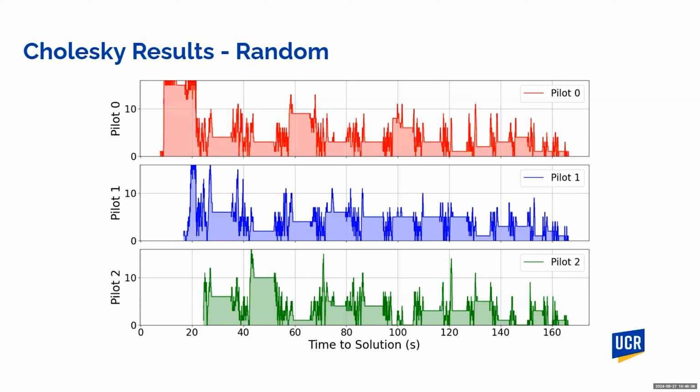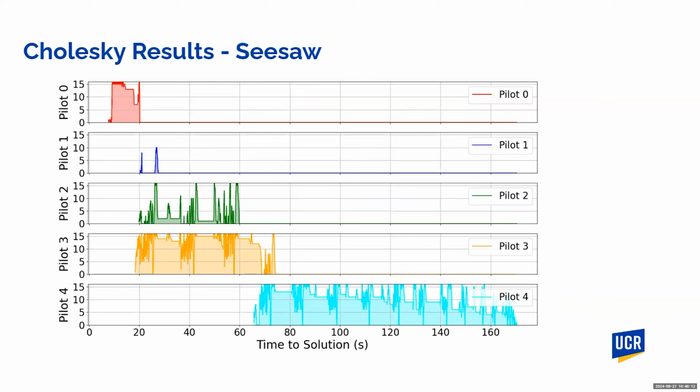This is a problem because you're burning through compute resources as this goes on. Next we'll see Seesaw's implementation. As new blocks come online, they're prioritized and get tasks. Older blocks receive zero tasks, and as soon as their work is done, they can be deprovisioned immediately. This leads to a lot of savings in utilization and compute resource usage.